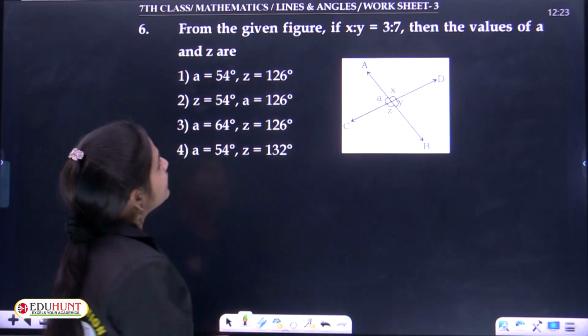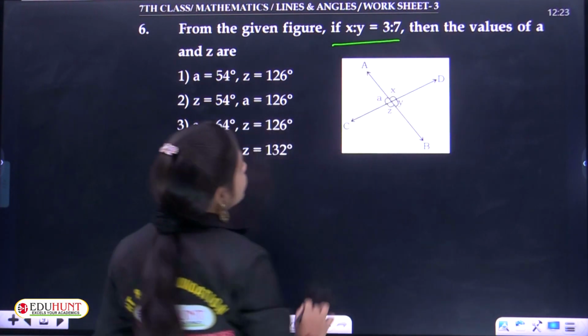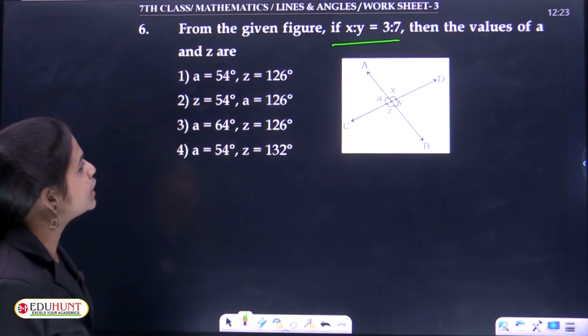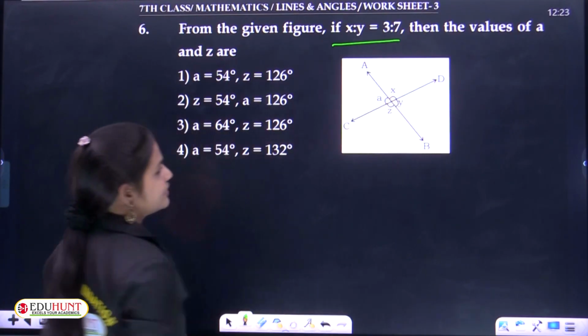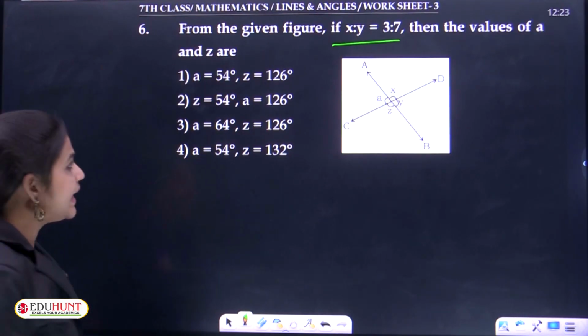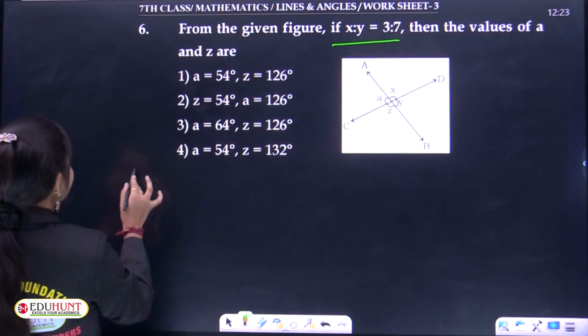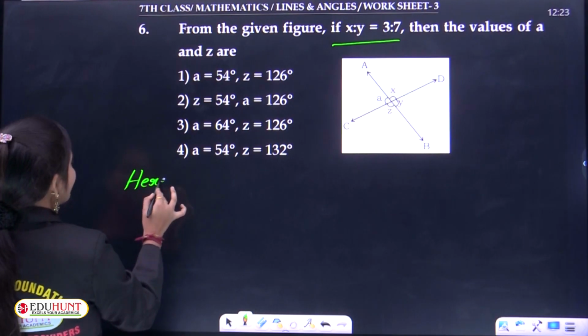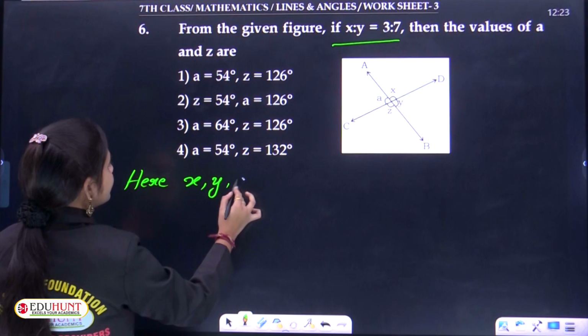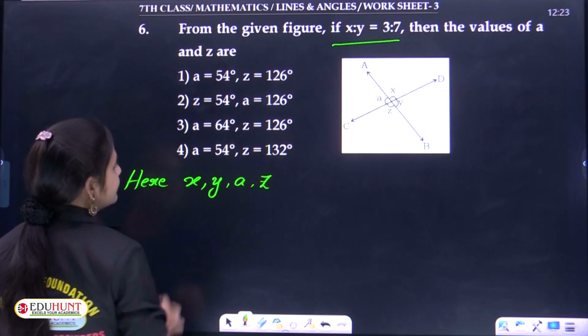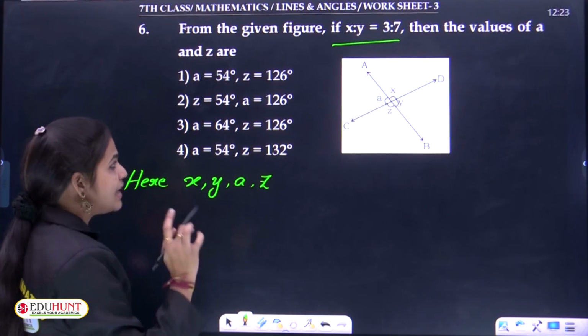From the given figure, if x is to y is equal to 3 is to 7, then find the values of A and Z. See here, what angles are given? X, Y, A, Z are the angles.